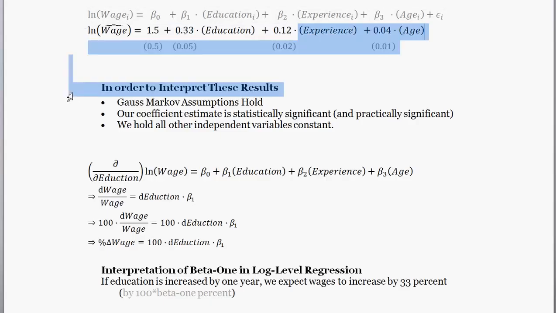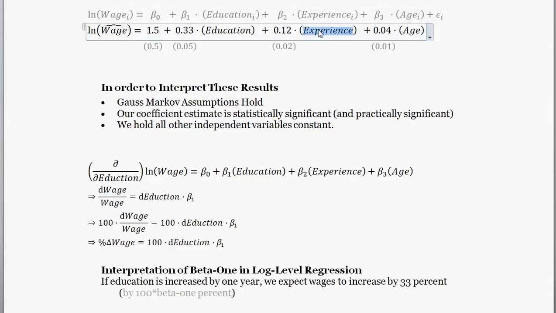Once again, assuming these big assumptions hold, since experience is recorded in years, a 1 year increase in experience, we expect to increase wages by 12%. And this data records age in years, so a 1 year increase in one's age, we expect to increase wages by 4%.